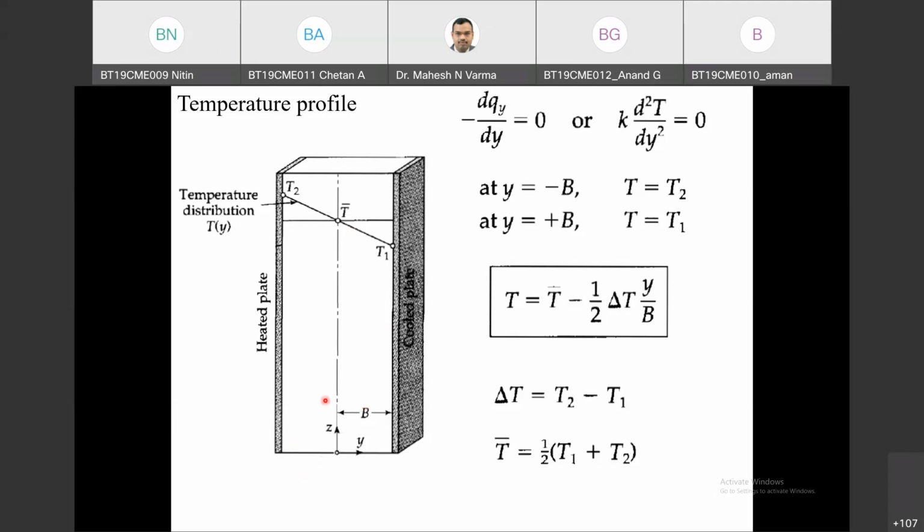Lower velocity means lower convective flux, since convective flux is characterized by velocity. So we can expect that conduction will dominate over convection. Is this clear to everybody?